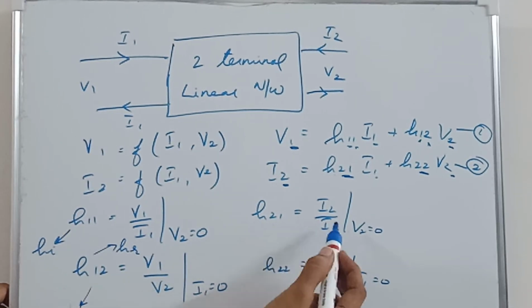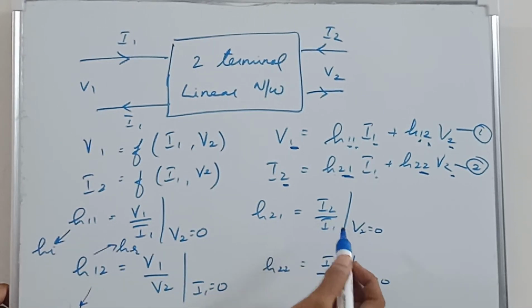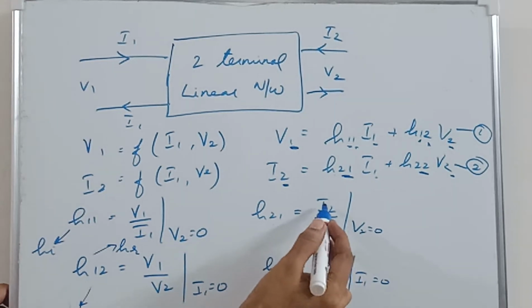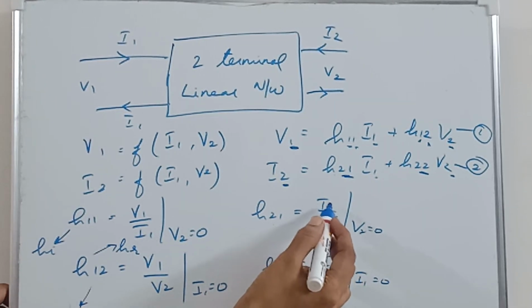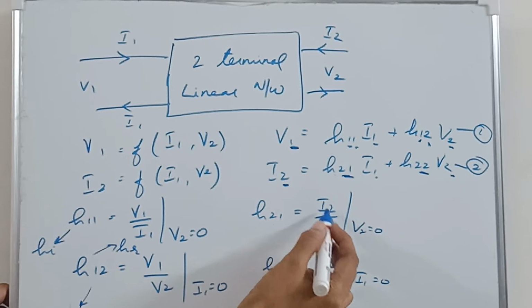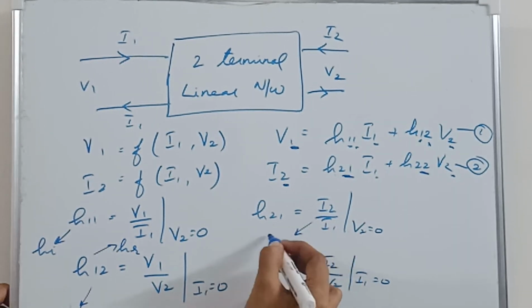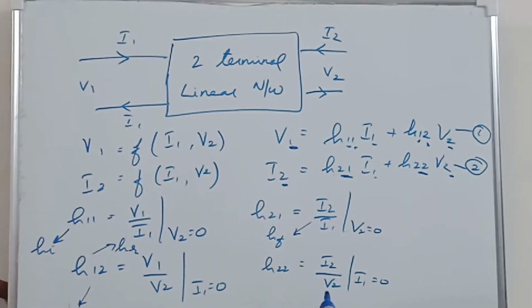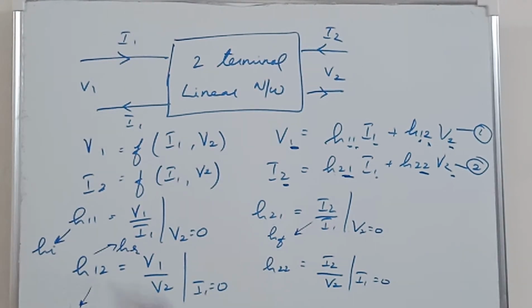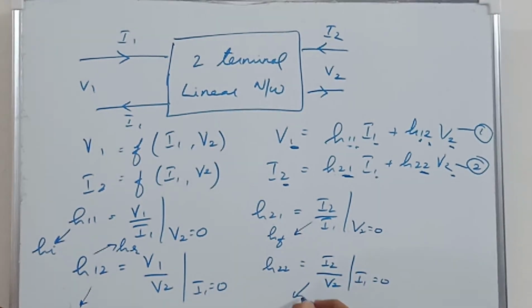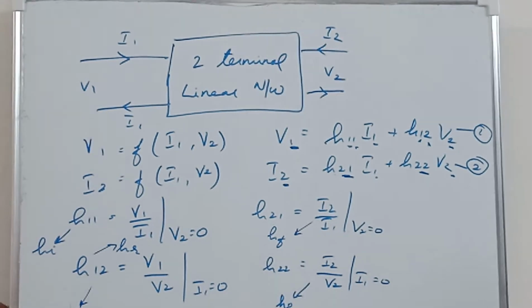H21 is I2 over I1, a ratio of output current over input current, so this is a forward current gain. And H22 is I2 over V2, current by voltage, which is admittance, so it is HO. Using these norms, we will now look at how to configure for the transistor.